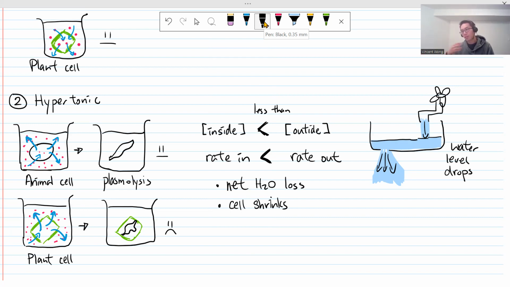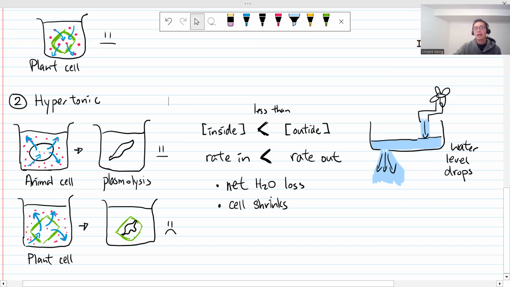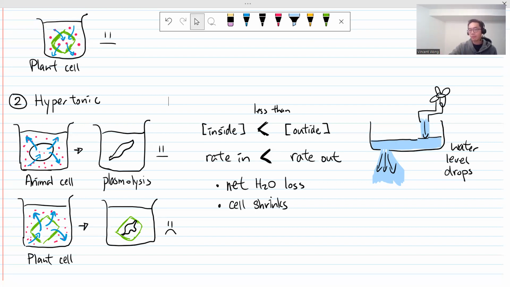So that will cause you to drink water, right? And when you drink water, you dilute the environment. It goes into your blood and dilutes the environment, and then you will return to isotonic. But of course, if you ignore it and the cell keeps on shrinking and shrinking, there's going to be a point where you will be severely dehydrated. Then that's going to be problematic, right? Yeah, thanks.